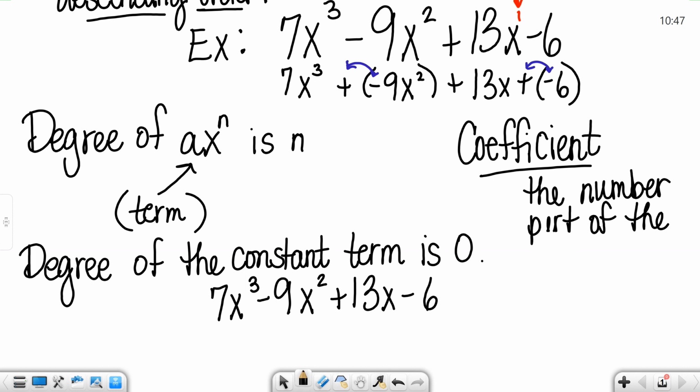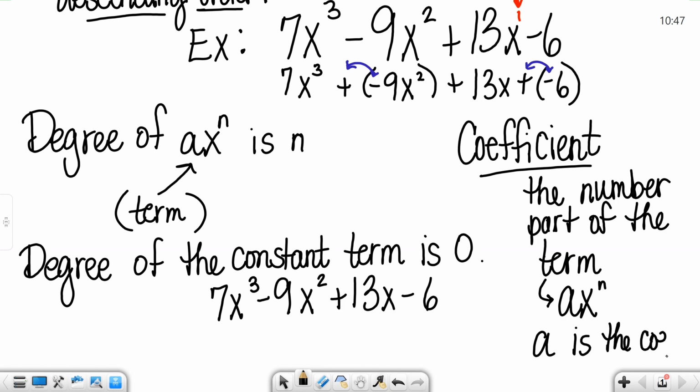If I had ax to the n, there's our term, so the number part would be the a, the coefficient. So the a is the coefficient there.